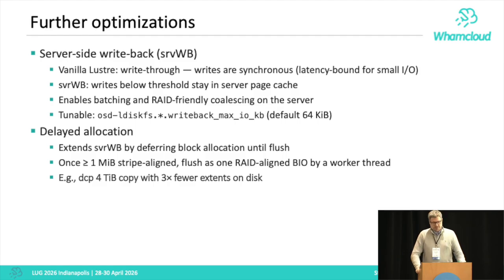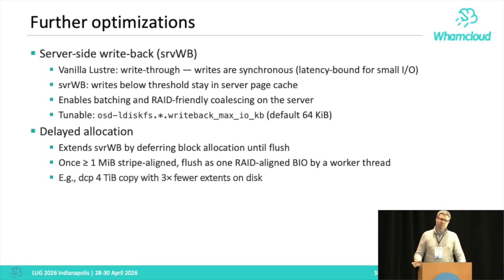So other optimizations here is the server-side write-back. When we have non-rotational disks on the OSTs, basically what Lustre does is direct I/O on the server side, right? And that also means that for small I/O operations, we expose the latency of the disk, and basically the writes are synchronous.